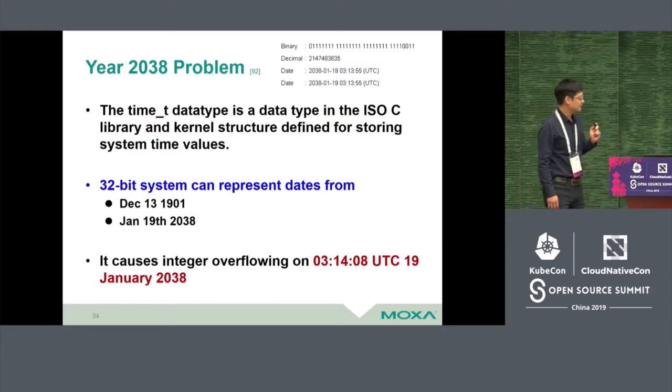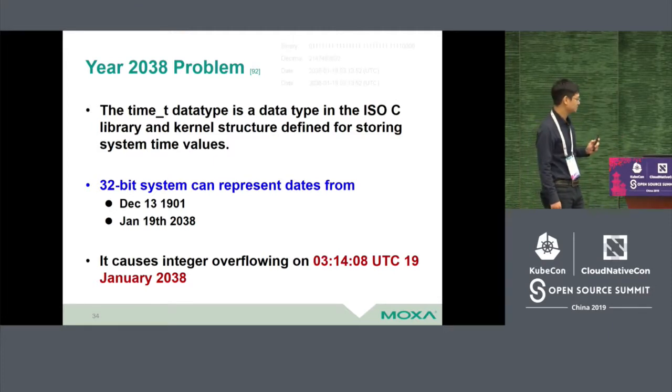But please be aware of the year 2038 problem. This is an issue similar to the year 2000 problem. A 32-bit system can represent dates from 1901 to 2038. As you can see, when we get dates beyond this time, the integer will overflow in 32-bit architecture.